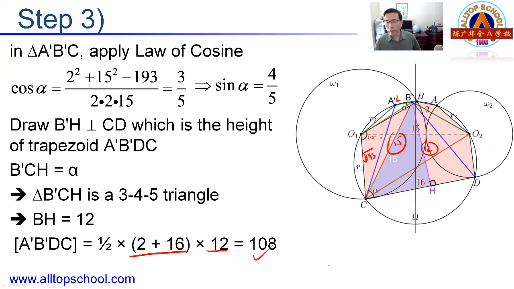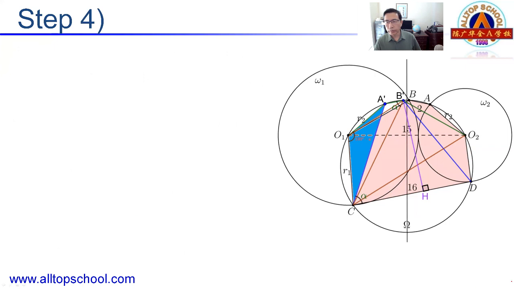Step 4, we're going to calculate these two leftover triangle areas. That's a congruent triangle, this triangle and also the other triangle. Both will have the legs R1, R2, and we only need to calculate one of them, okay?